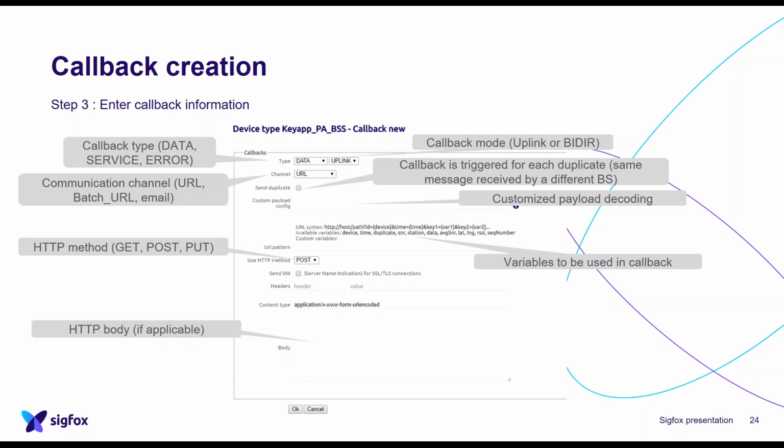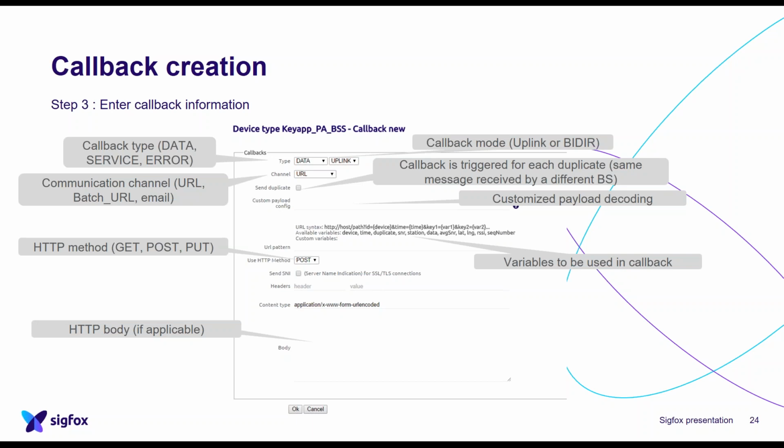I won't detail them deeply in this webinar because you have to be a developer and have access to the library to create them. The error callback type is linked to a certain case of event when you find, for example, that there are some messages missing, or, for example, if your device is off contract.